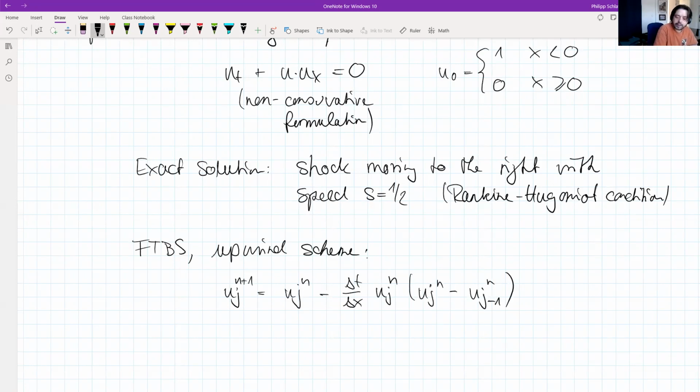So this here is an upwind scheme. It's forward time, backward space. Backward space comes from this bit here: it takes j minus 1 and j. And it's forward in time because everything is at time n, and the only new time is on the left.